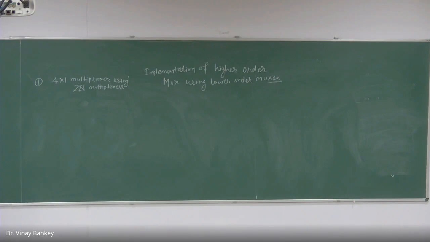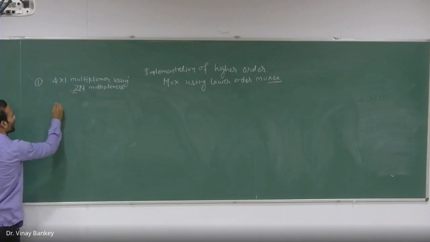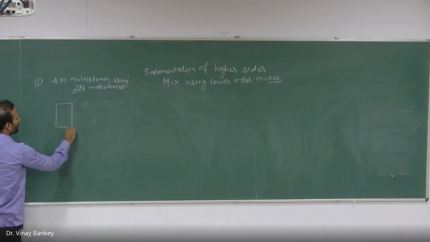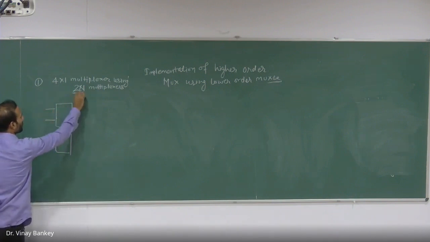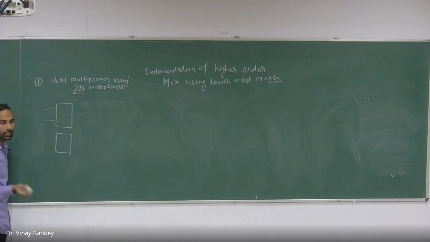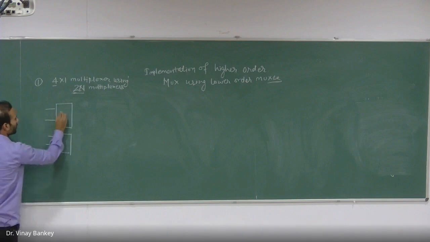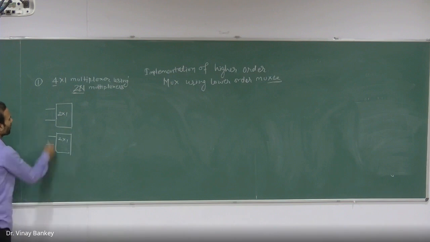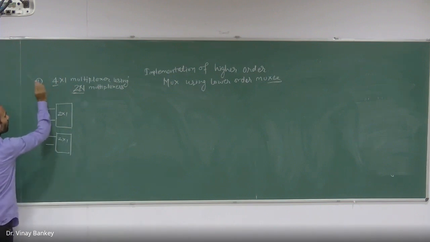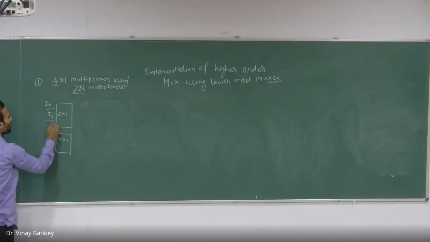So one thing is clear that you need at least 2 multiplexers at the first stage, because 2x1 multiplexer will have only 2 inputs and you need 4 inputs. Correct? 2 multiplexers will be needed at the first stage here. And if it is a 4x1 multiplexer, it should have 4 inputs.